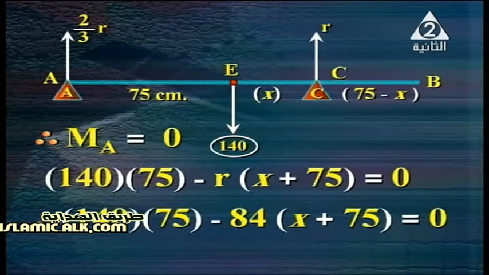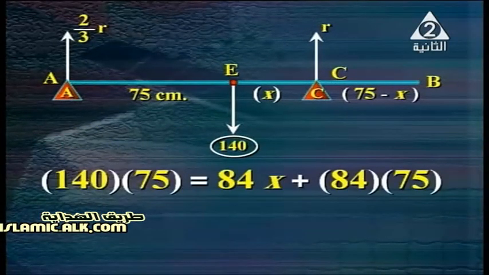Then by substitution, r equals 84. Therefore 140 times 75 minus 84 multiplied by the bracket containing x plus 75 equals 0. In this equation, find the value of x.